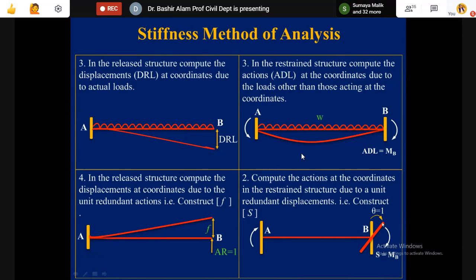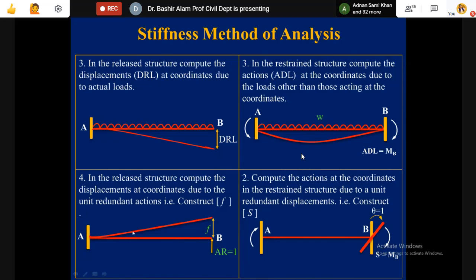Corresponding to the unknown joint displacement, we give a unit rotation, and we calculate the action produced corresponding to the unknown joint displacement, and that gives us the stiffness coefficient value. So this S will be calculated. Here F is calculated, here S is calculated. Here it was displacement, here it is action.